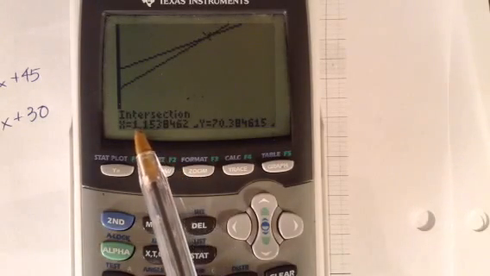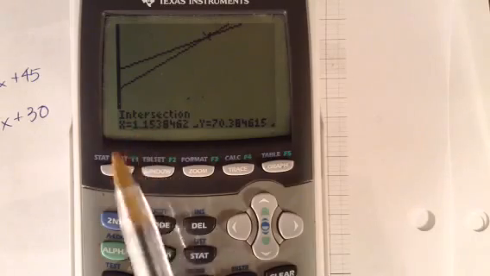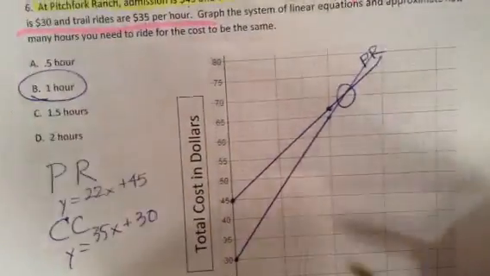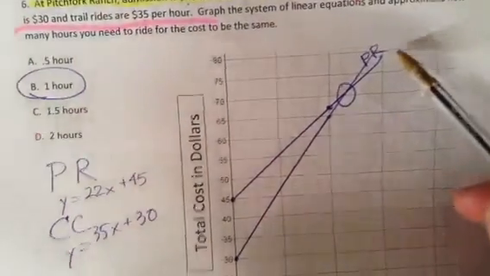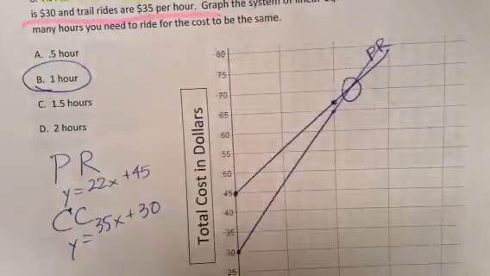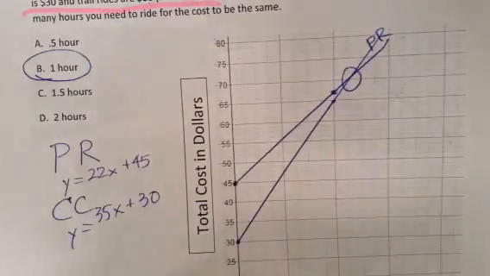And if you notice, it's 1.15, blah, blah, blah. 1.1 is closest to 1. And so that's how I know that I'm going to pick this one right here. So if you use the hand version, make sure that you pick up a ruler or a straight edge or something, or you put your equations in your calculator and use the trace, and you don't have to worry about it at all.